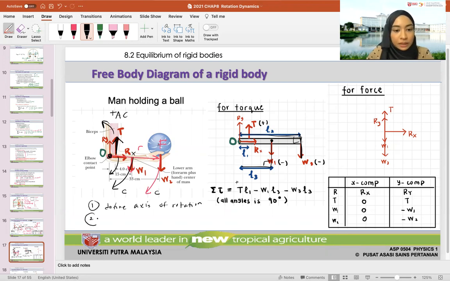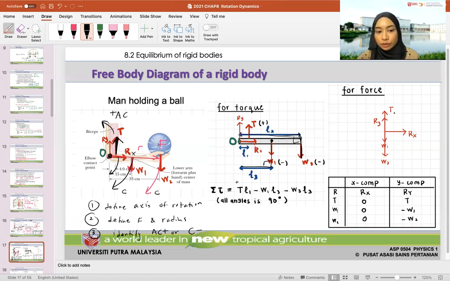Second step is to define the forces and the radius. Third step, identify direction. Identify anti-clockwise or clockwise. So anti-clockwise will become positive, clockwise will become negative, and then you put into your equation.